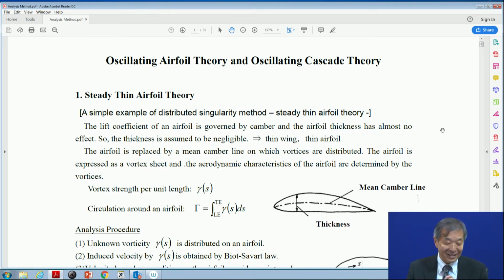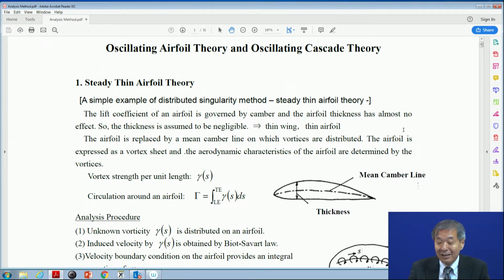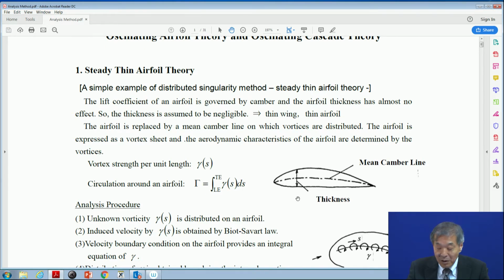And the first part is steady thin airfoil theory. It's the most simple case. A simple example of distributed singularity method and steady thin airfoil theory, as I explained the outline in the previous slide. So we neglect the thickness and use only the mean camber line because the lift coefficient is mainly governed by the camber.